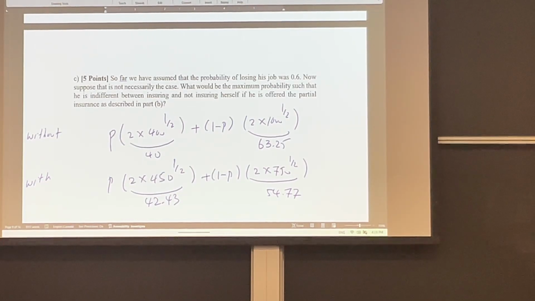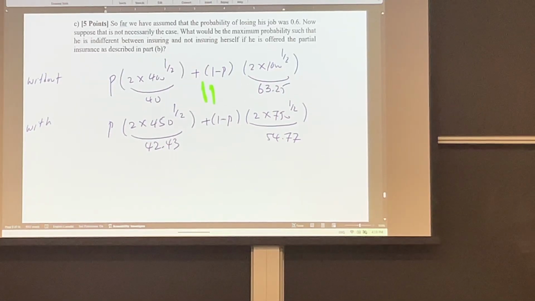So to be indifferent, these two have to be the same, and then we can find the probability by rearranging. I put the probability on one side, 1 minus P to the other side. I can see the difference between these two. That's 2.43. What's the difference between 63.25 and 54.77? How much is that one? 8 and change.